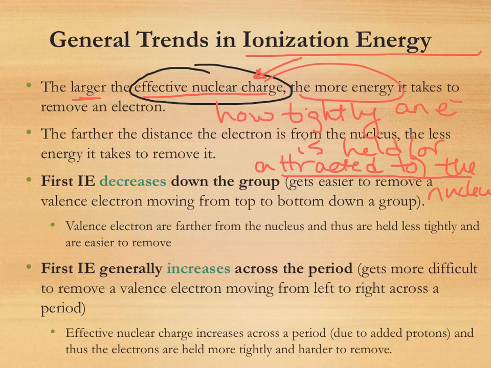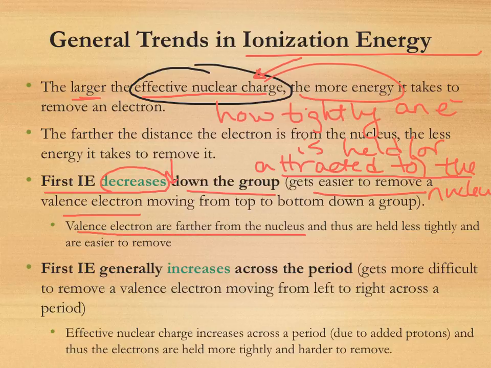So the first ionization energy, that's just the energy to remove one electron, decreases going from top to bottom down a group. It decreases. What does that mean? It means it gets easier to remove an electron from an element as you go down a group. Why might that be? Well, valence electrons get farther and farther away from the nucleus as you go down a group.